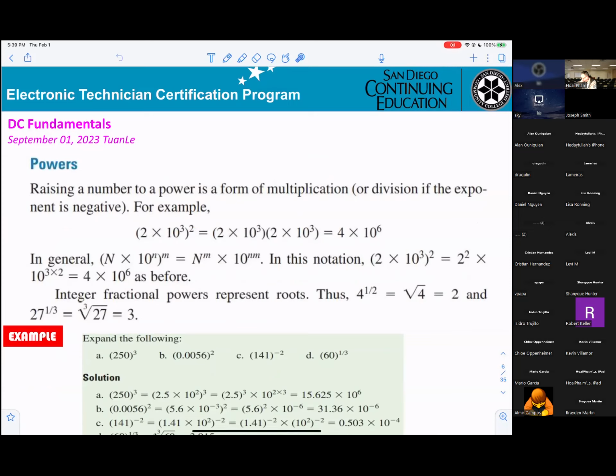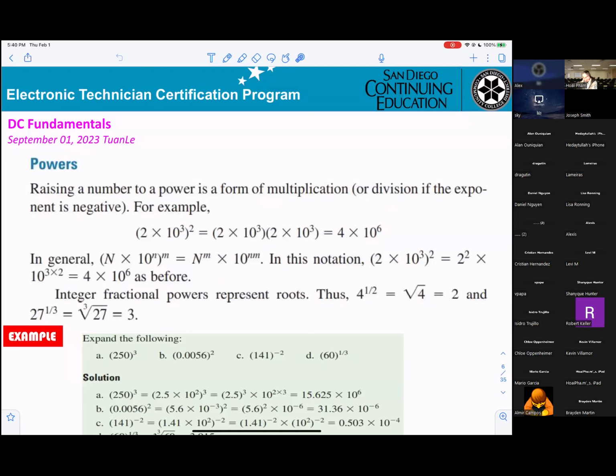See what you get. 2 times 2, that is the first. You get 4. Then 10 power 3 squared, you take 2 times 3, power 6. So this is just to show you how to do it.